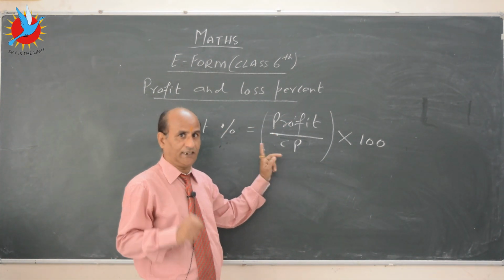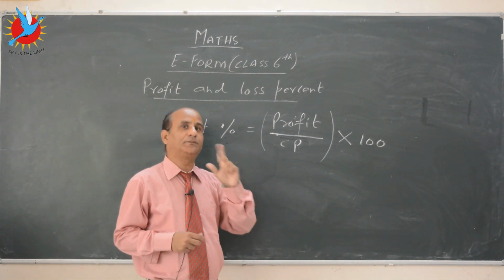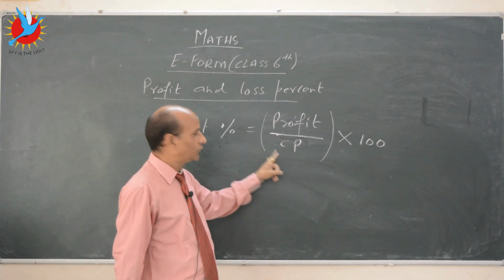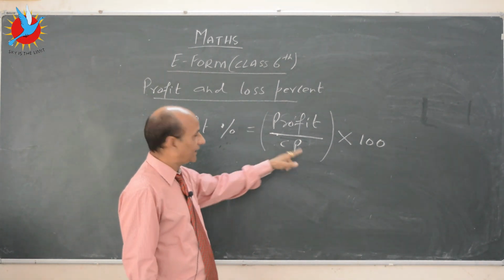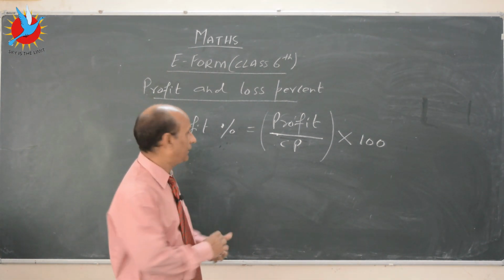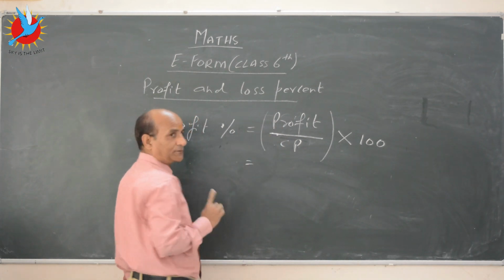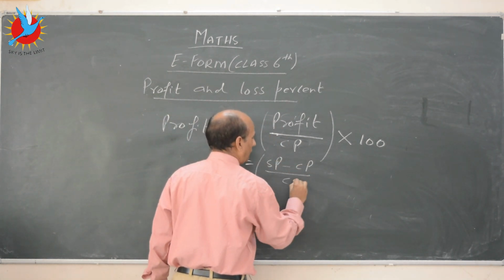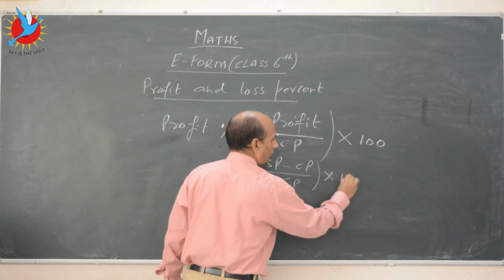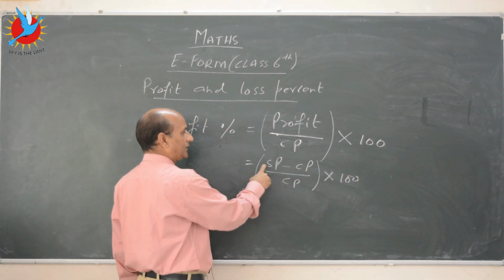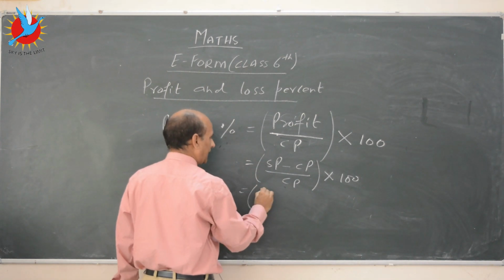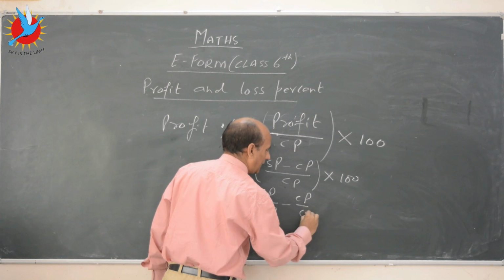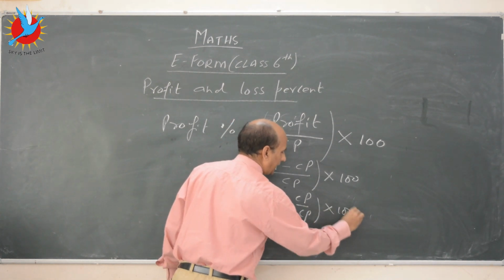This formula is used when profit and cost price are given. Then suppose selling price and cost price both are given. The first method is you have to find the profit first, then use this formula, or you can directly use another formula which I am deriving for you. Now profit, what is profit? It is SP minus CP upon CP. Now this CP is common for both, so you can write SP upon CP minus CP upon CP multiplied by 100.